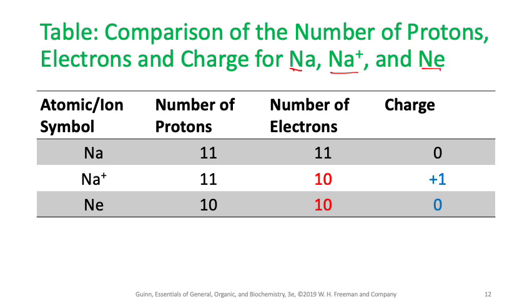Number of protons: sodium has an atomic number of 11, so that means 11 protons. Sodium plus is still 11. If you remember, I told you that you cannot change the number of protons, doesn't matter whether it has +1 charge, -1, +2, you cannot change the number of protons for any atom. Neon, atomic number 10, that means 10 protons.